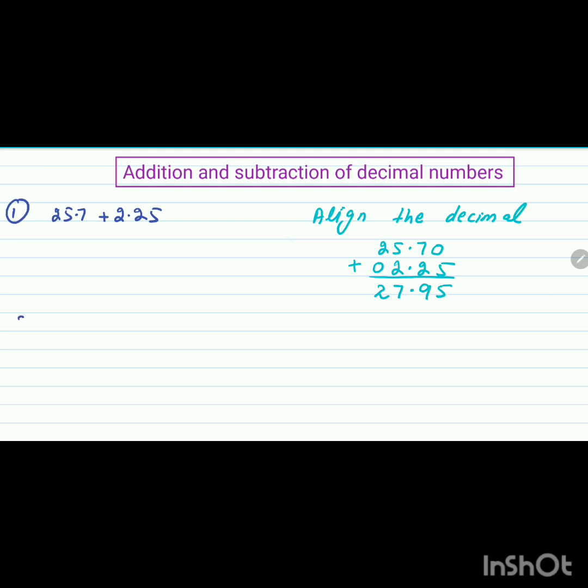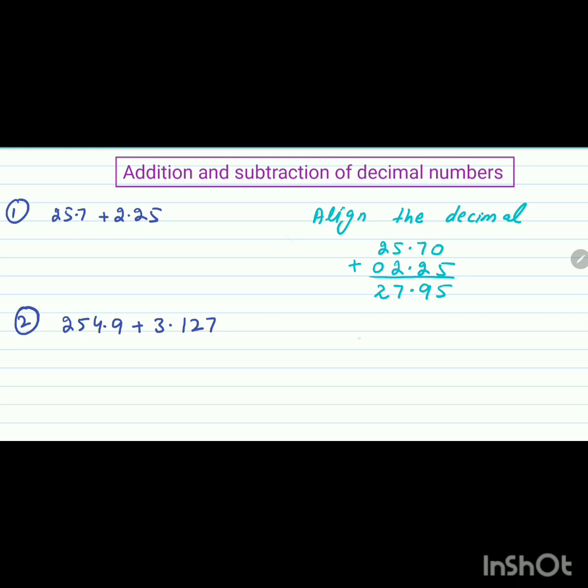So let's do one more example. Question number 2: 254.9 plus 3.127. I am taking just random decimal numbers. So how do we align the decimal in this question?